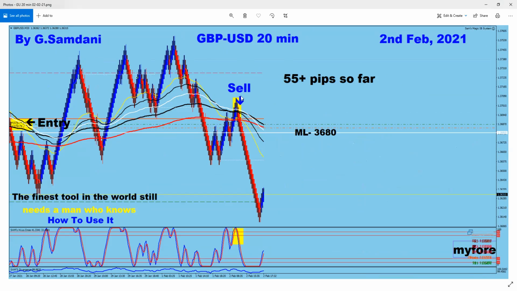This is my Magic ID system entry setup. Yellow is below the thin black, and then the blue candle turns red while this indicator goes all the way up, and the price is making a higher low and a lower high. So there are a few conditions. Once they're met, I pull the trigger, right? So this is the trade.